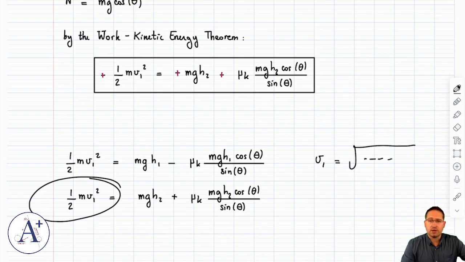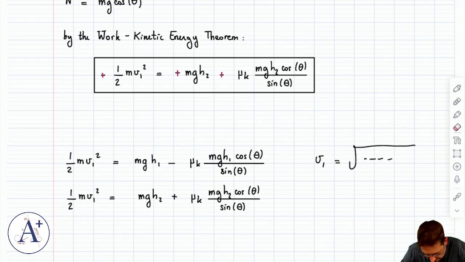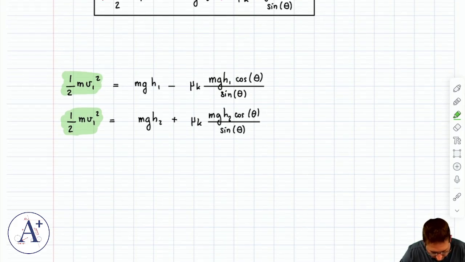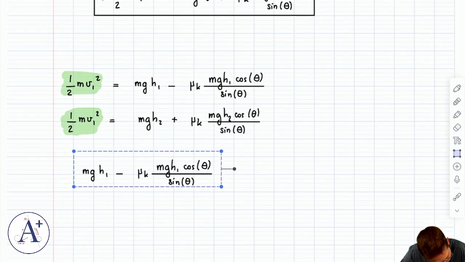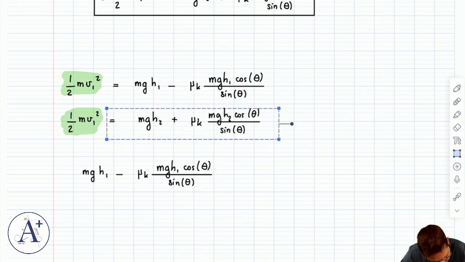But look at the first thing I would have done here. I would have squared the square root. So that's why I left it the way it was, right? Because now I can just say, well, this is the same as this. And therefore it follows that this is the same as this.